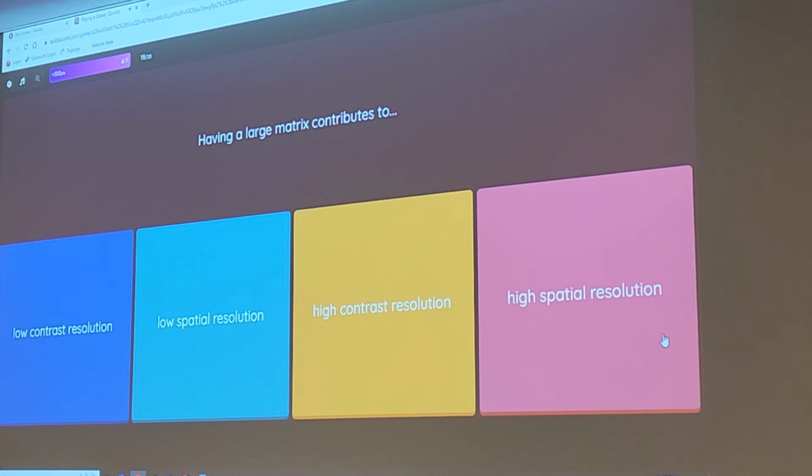When we talk about shades, the number of gray colors, that is contrast resolution, bit depth. Shades of gray, black or white, anything dealing with colors is about contrast. Pixels, matrix, field of view, that's all about spatial resolution. It's all about size, okay? So make sure you don't mix them up.